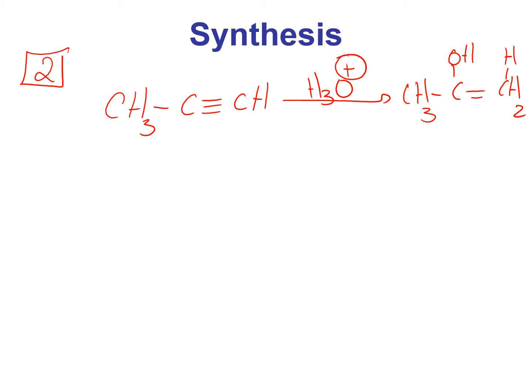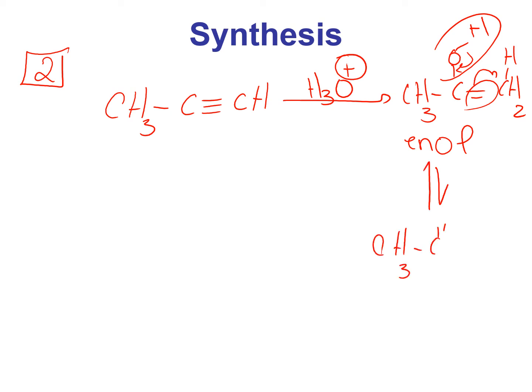However, this is called an enol, en, which is the double bond, ol, which is the hydroxy group, and these exist in equilibrium with the ketonic compound or aldehydic compound.